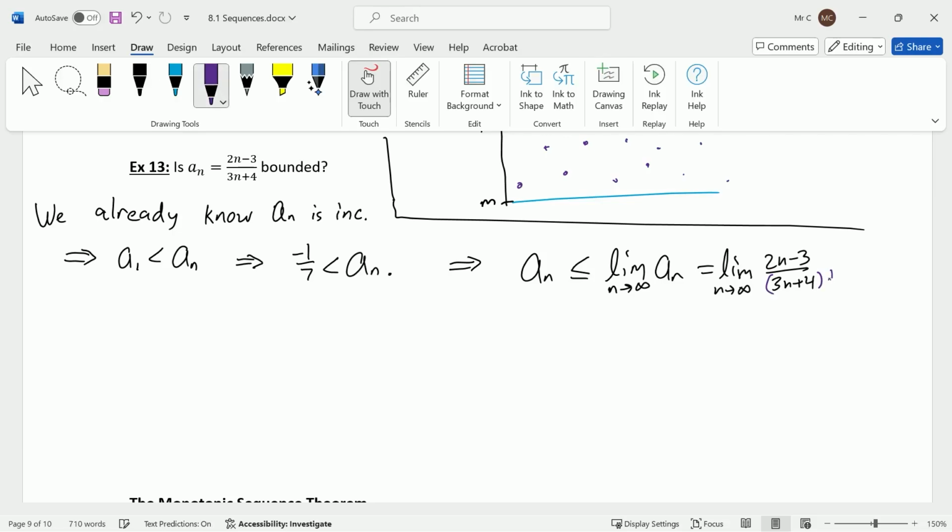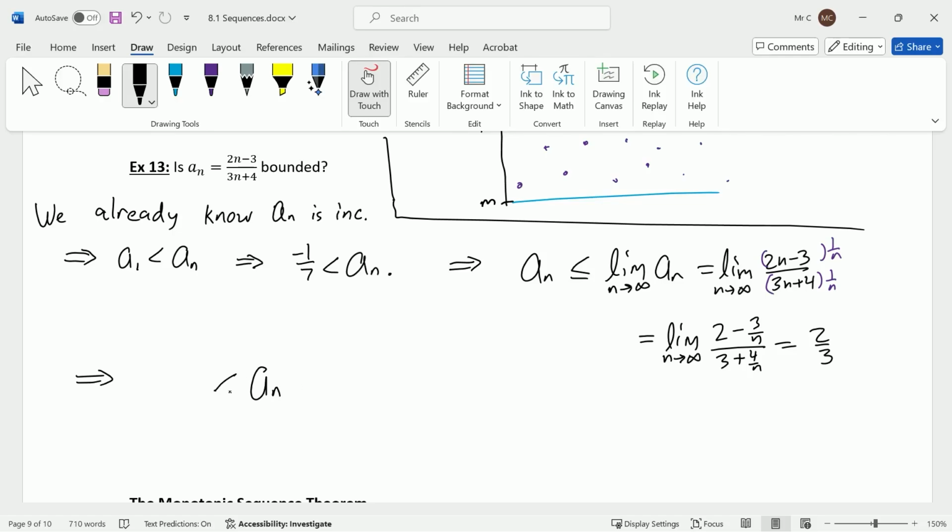This is that very standard kind of algebra limit where I multiply by 1 over that highest power of the denominator, and I get the limit as n goes to infinity of (2 minus 3 over n) over (3 plus 4 over n), which is 2/3. So altogether, that tells me that all of the terms of the sequence are bounded below by negative 1/7. That should be greater than or equal to. And all of them are bounded above by 2/3, which implies the sequence itself is bounded.